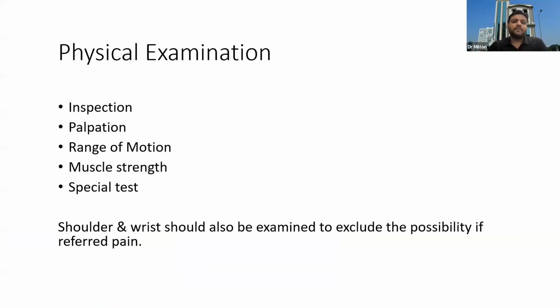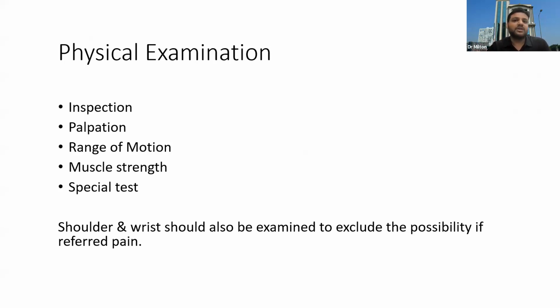After that actually we need a physical examination, like inspection, palpation, range of movement, muscle strength, special tests, and other things. Another very important point: when you examine one joint, the proximal and the distal joint should also be examined.